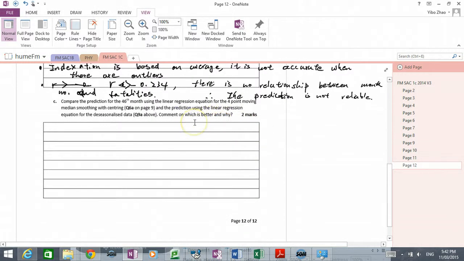Then look at question C. We need to compare the prediction of 46 months using the linear regression 4-point line in question 6a and question 9a, and comment on which one is better. We need to put down the R value.